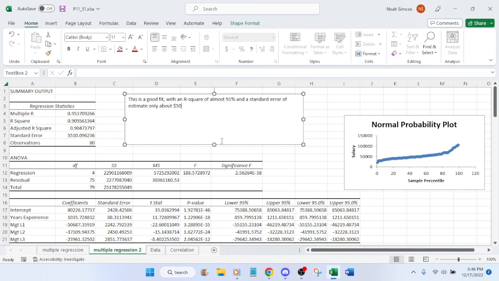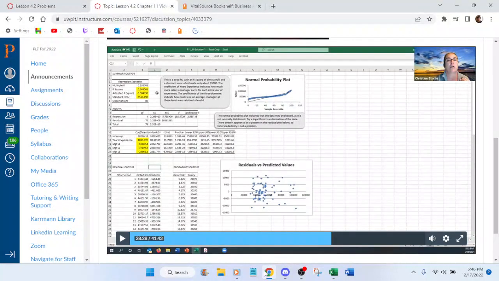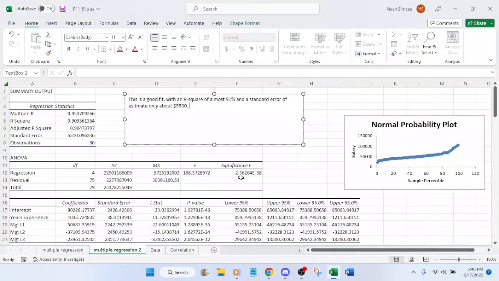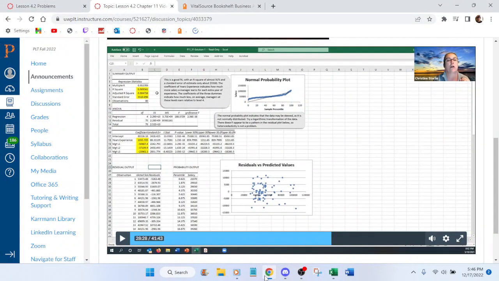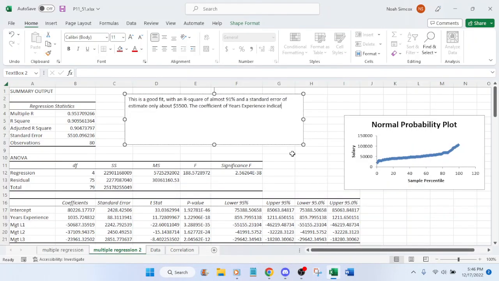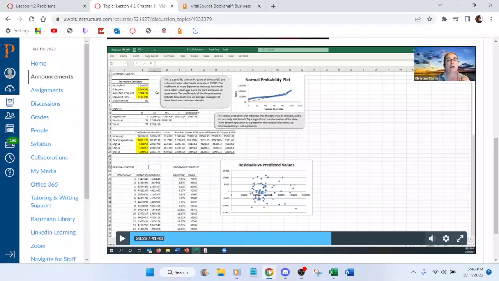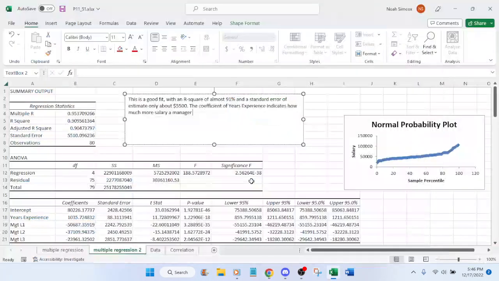The coefficient of years experience indicates how much more salary a manager earns for each extra year of experience.